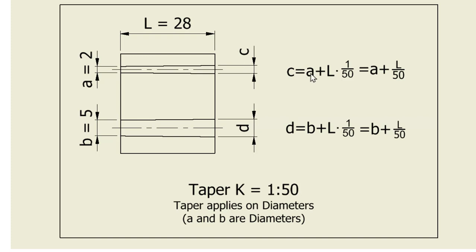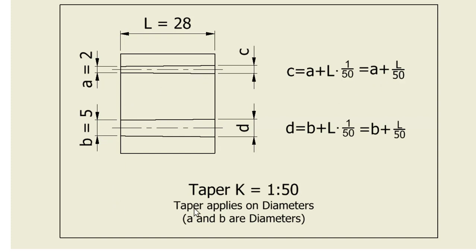C is A plus L multiplied by 1 to 50, the taper. This is K in both cases. This means that we have to place an expression A plus L divided by 50. You should note that if I choose a radius instead of diameter, the same expression is placed.